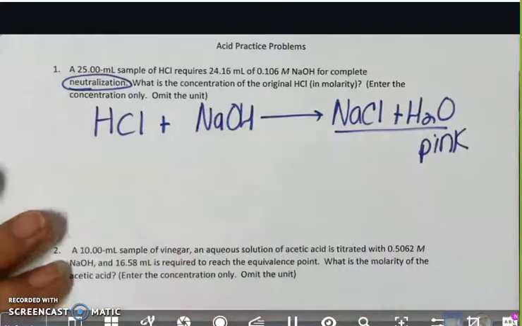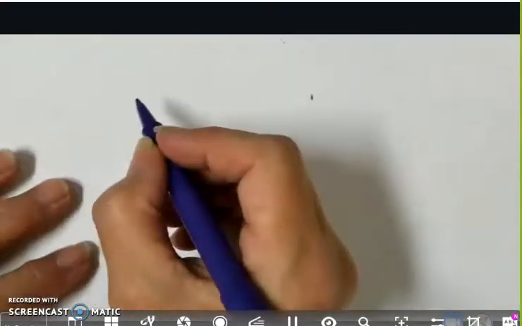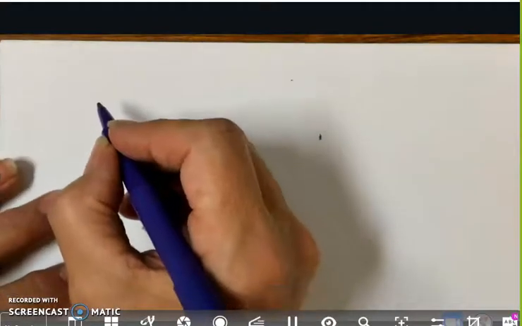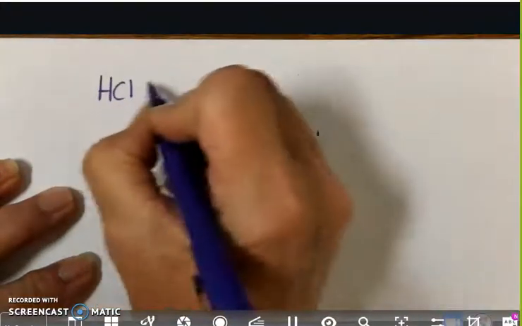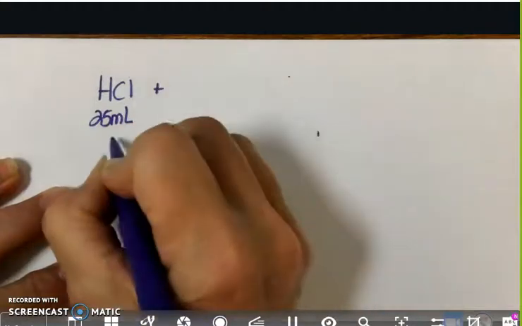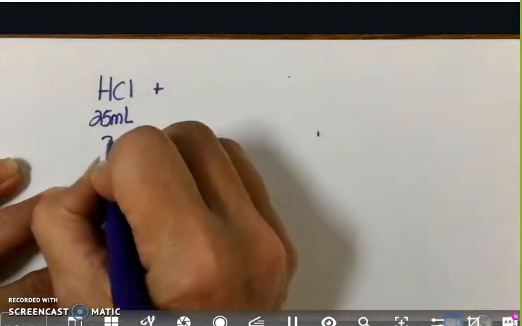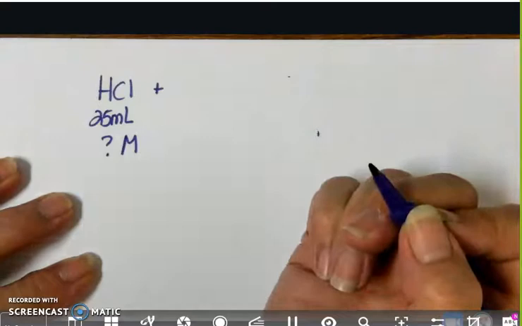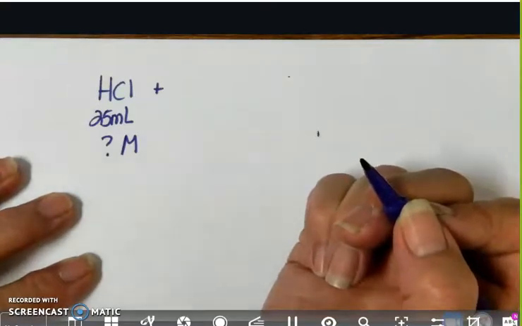So in this problem, let me get a bigger piece of paper. Let's write this out. I have hydrochloric acid, and I have 25 milliliters of it. But I don't know my molarity. That's what I don't know, and that's what the problem is asking for.